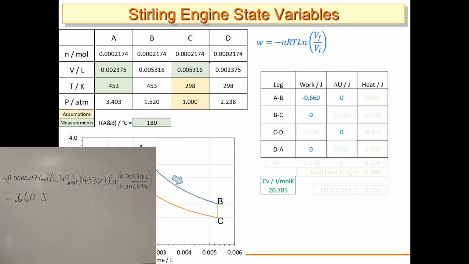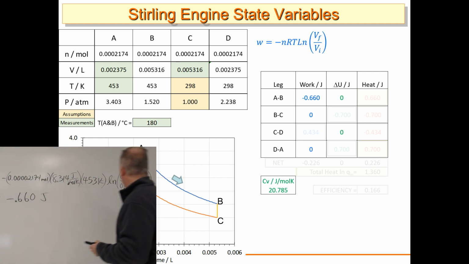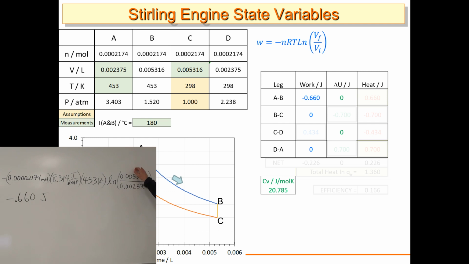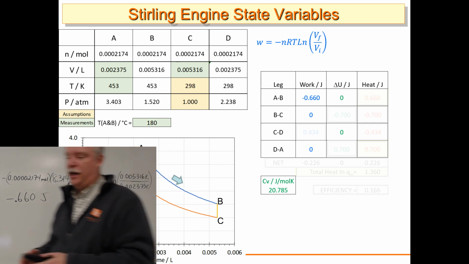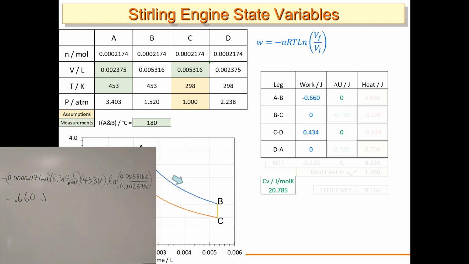Now, if we do the same equation for CD, then we have the big volume on bottom, the small volume on top, and we have a different temperature. It's the same number of moles, but because it's a lower temperature, it's a smaller number. For CD, same calculation, but we end up with a positive 434.